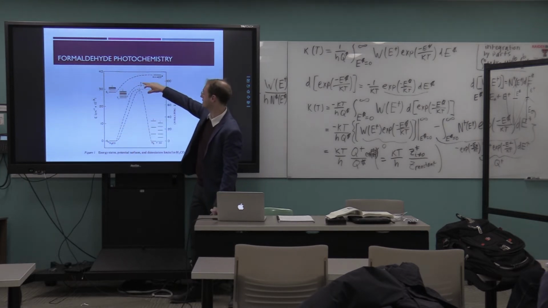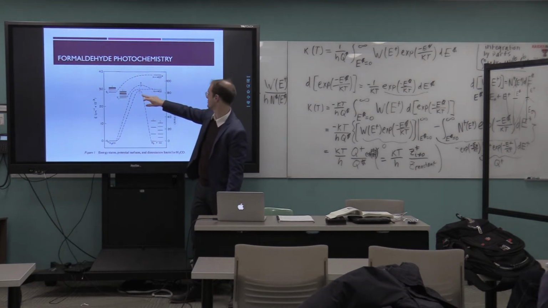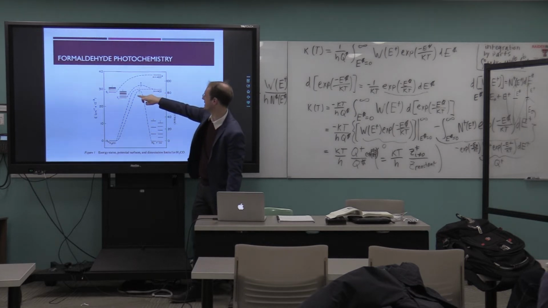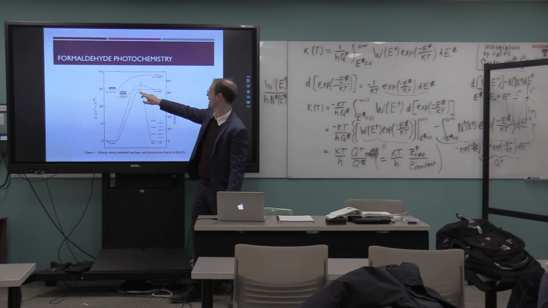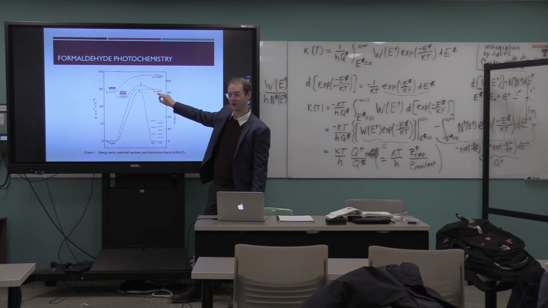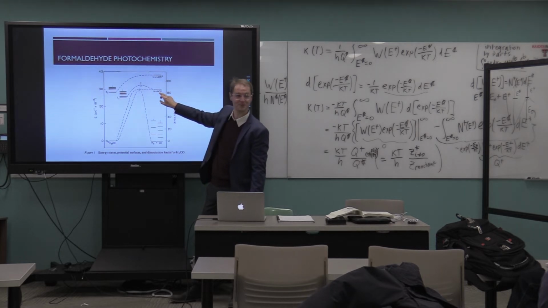I think this barrier is drawn a little bit too high here. It should be more like 77, 78, something like that. But just a little bit higher than this barrier, there's another photodissociation channel that opens up where you can make the radical products. So you can also photodissociate to make H plus HCO.